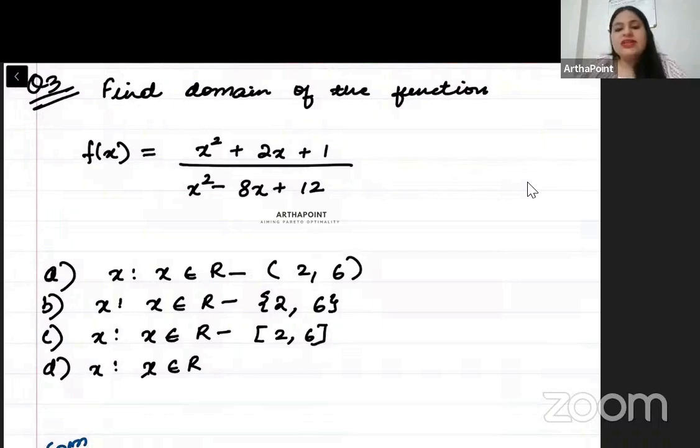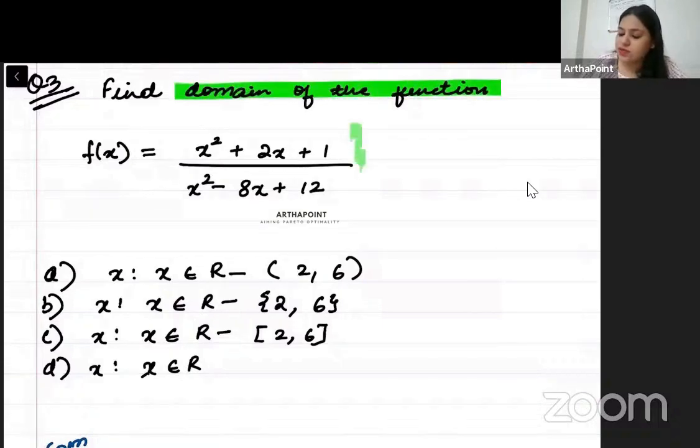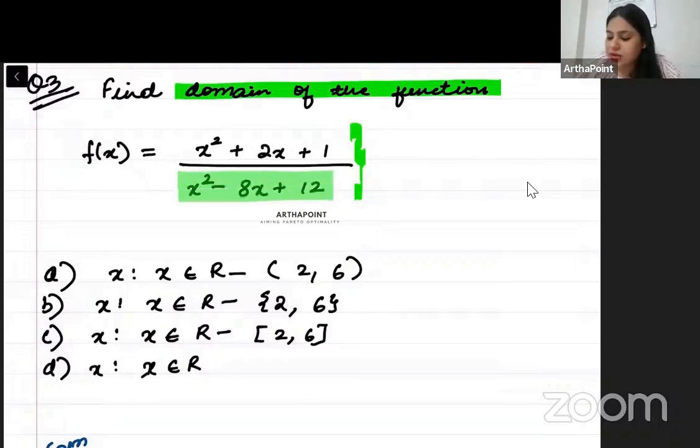Now, let us go to the next question. This says, find the domain of the function, and you are given this. Very simple. We know that the domain of the function, if this is a numerator denominator format, we know that the denominator cannot be equal to 0.